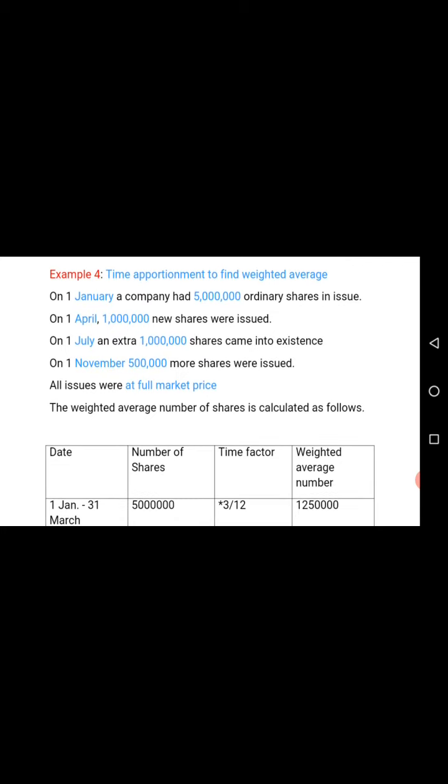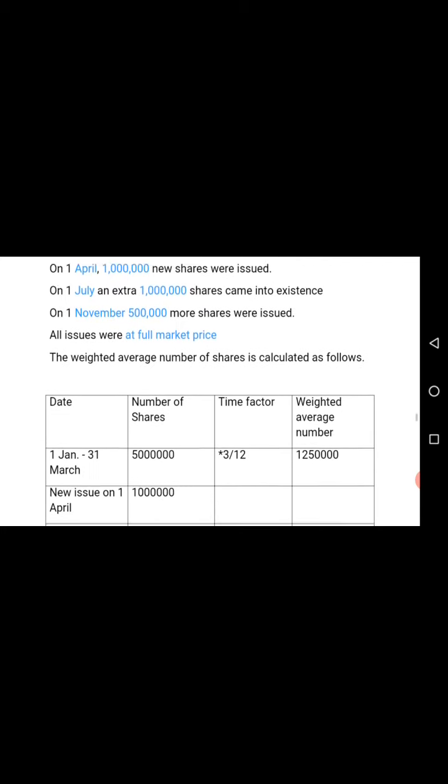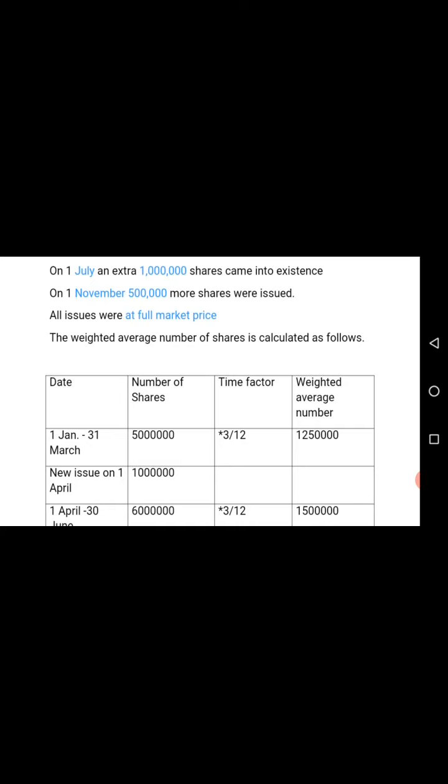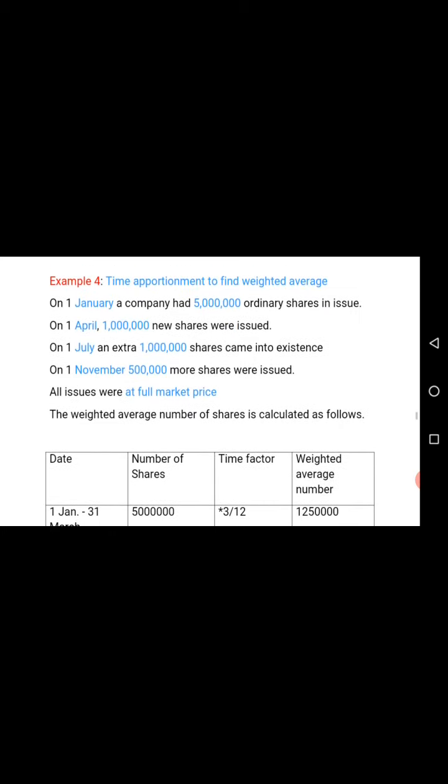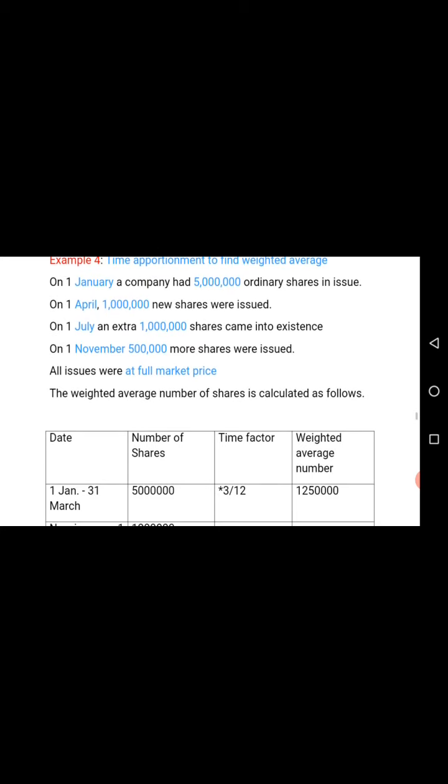Now the weighted average number of shares is calculated as follows. We have the date of issue, we have the number of shares, we have the time factor, and we have the weighted average number. Now how did we get all these? The first one starts from 1st January, and since it was April 1st, that means April is in another section.